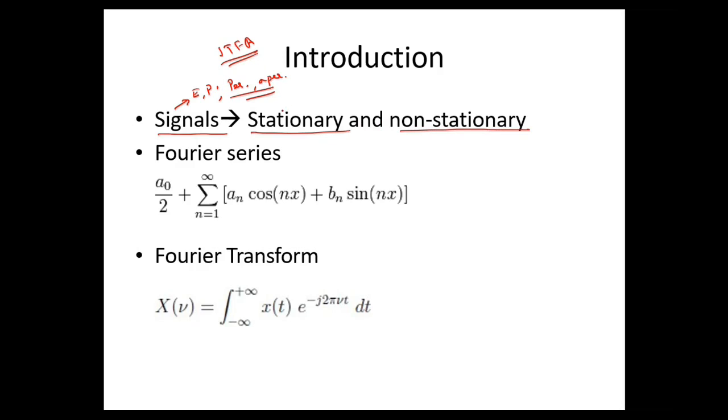Stationary signals are the signals whose frequency component does not change over a period of time. Right? Whereas non-stationary signals are those signals whose frequency component changes over time.